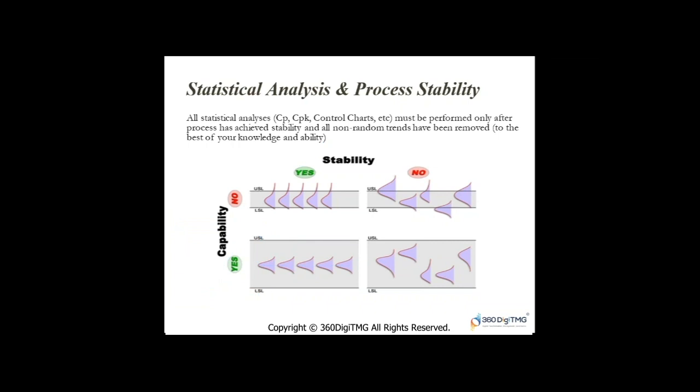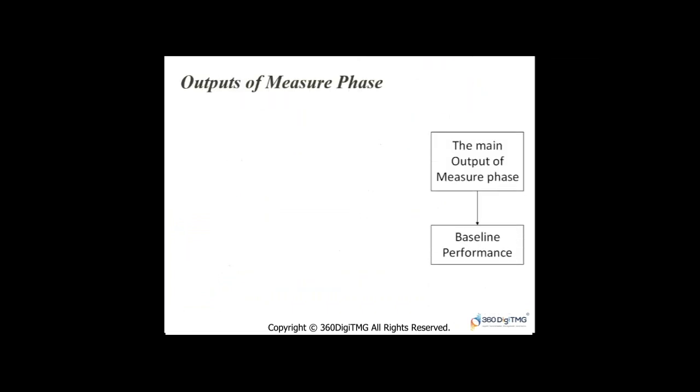Okay, this brings us to the end of measure phase. Let us look into the outputs of the measure phase. And the key output of the measure phase is baselining your current performance of Y. Apart from that, there are also a few other outputs.